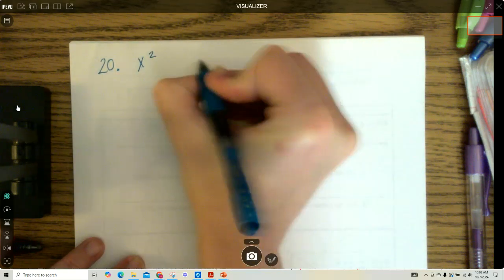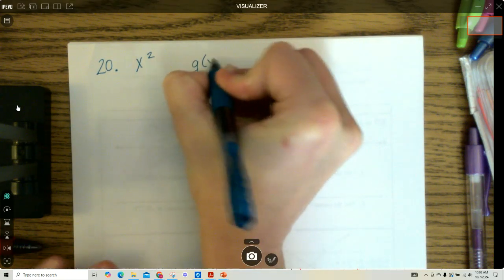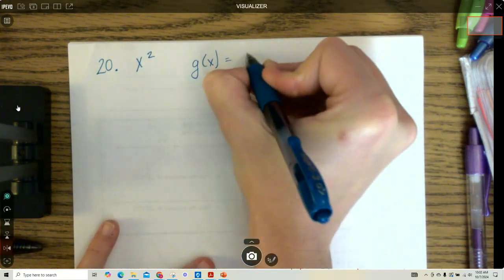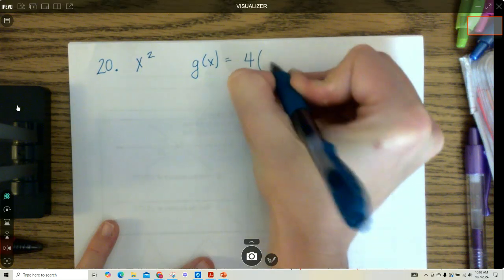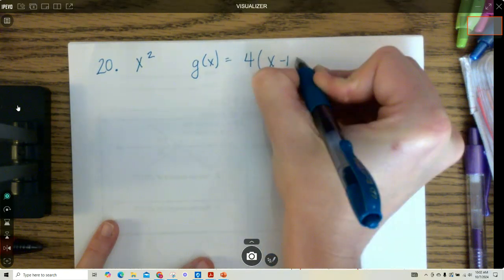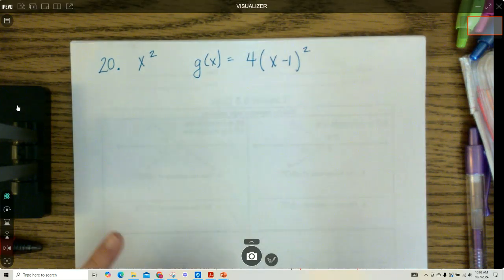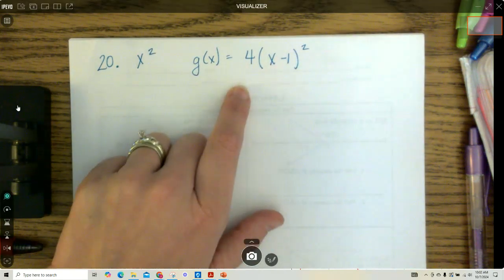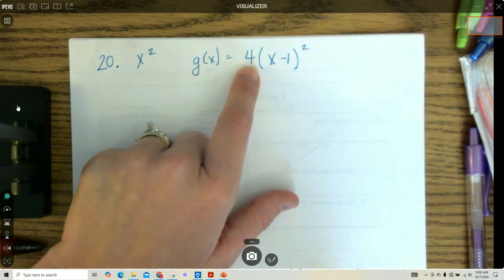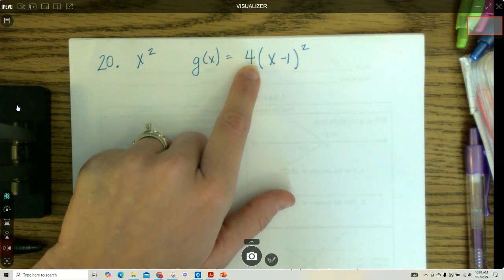Let me pause this for a second. Shelby, your number 20 starts out as x squared, but what's g of x? 4 times parentheses x minus 1 squared. The 4 out in front means we're messing with the y value.